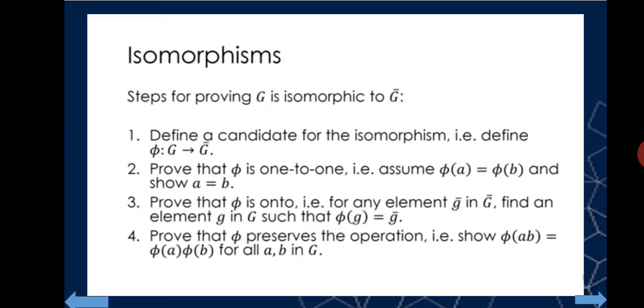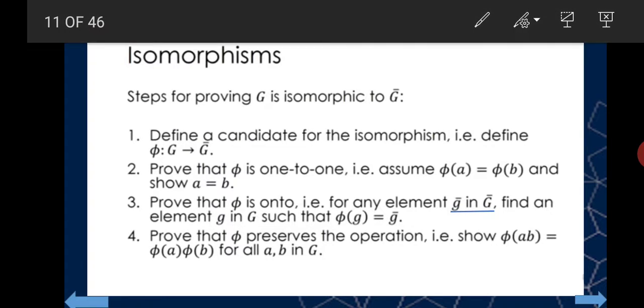Then second, we're going to prove that phi is one-to-one, that is, we're going to assume that phi of a is equal to phi of b, and show that a is equal to b.